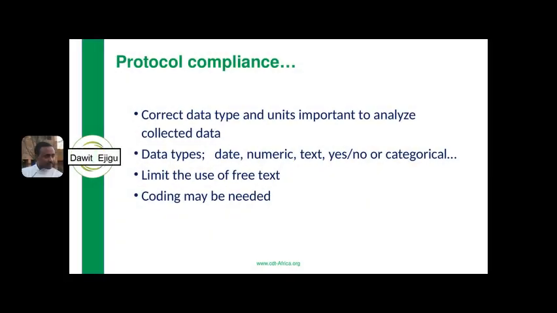The other aspect of ensuring compliance with the protocol is to ensure collection of correct data types and units so that the data will be analyzable. And data types that are collected include date format, numeric format, text, yes or no, or other types of categorical data.